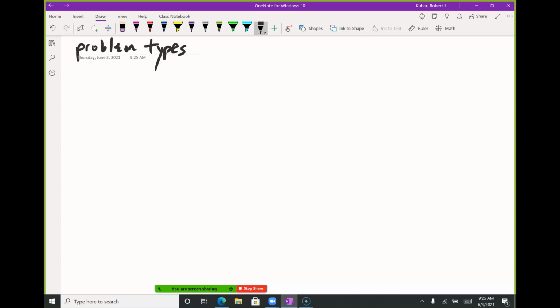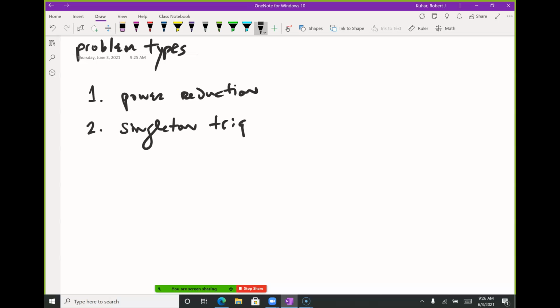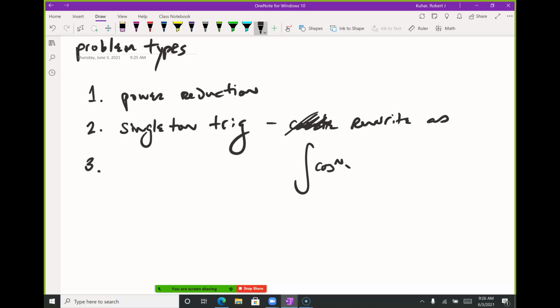So the main problem types here are going to be power reduction, a singleton trig, meaning I want to create a single sine function and everything else cosines, or a single cosine function and everything else sines, rewrite, and then three is just, of course, a bunch of trig identities.